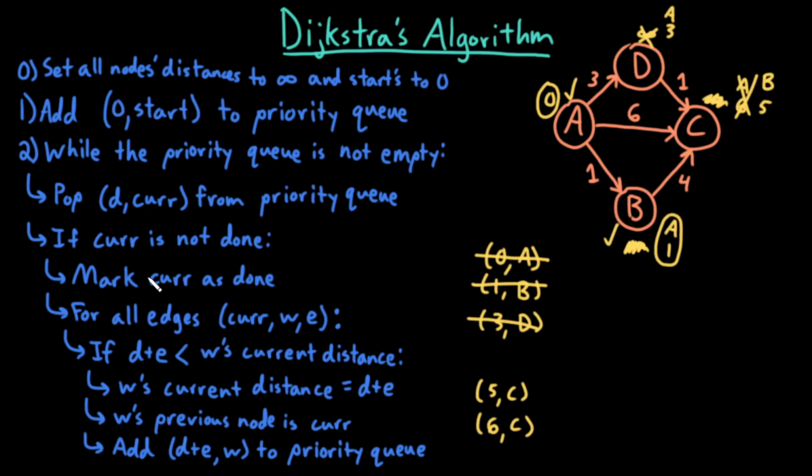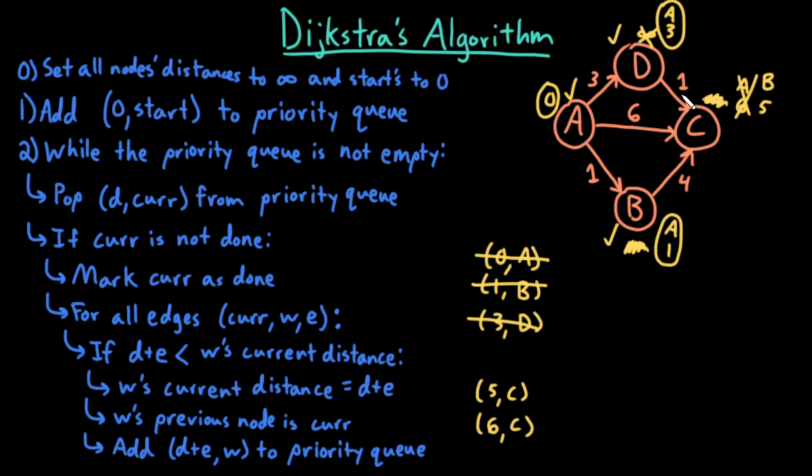So I enter, mark it as done. D is done. And this is the best possible way to get to D. I can get to D by going, so the previous node is A, and my overall distance from the starting node is 3. That was the best possible way to get to D. That's finalized. I've circled it, it's done. Okay. For all outgoing edges coming from node D, node D only has one outgoing edge.